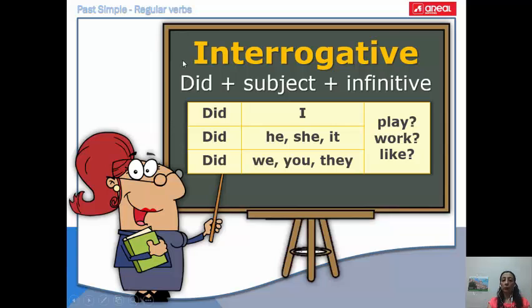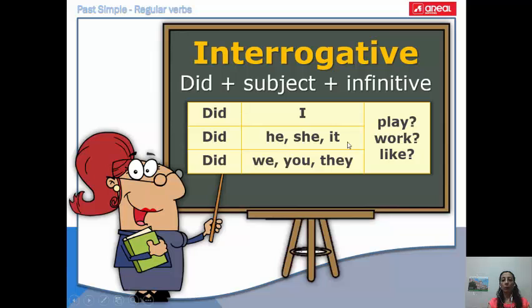Okay, to make a question or interrogative, we put did, the helping verb, at the beginning of the sentence, then put the subject or the pronoun, then the infinitive verb, and don't forget the question mark to make it a question. So we say, did I play?